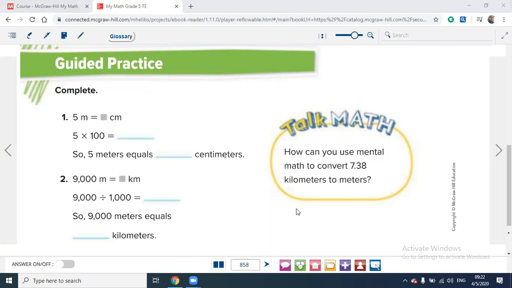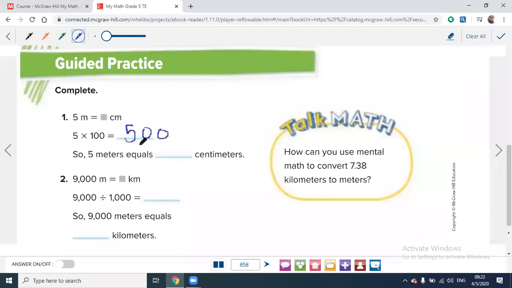By 100 to find the amount of centimeters, converting from meter to centimeter. So 5 multiplied by 100 equals 500. Okay, here it will be 500. So the answer will be 500.